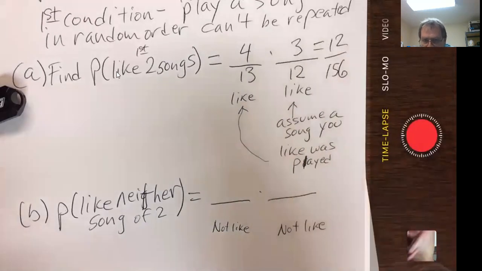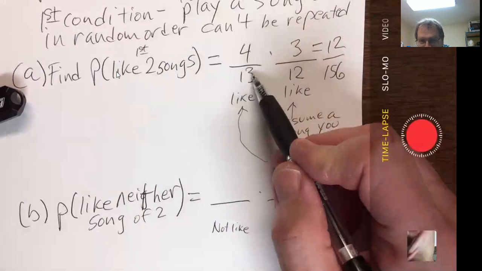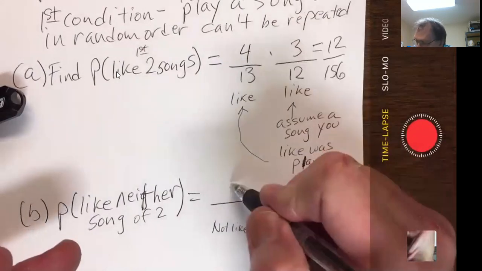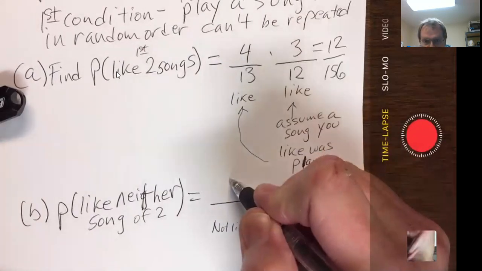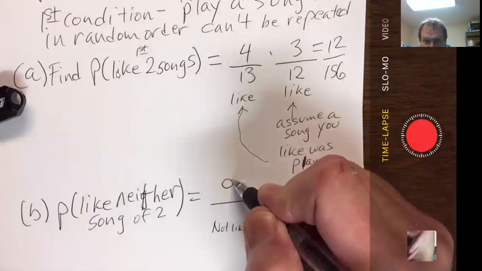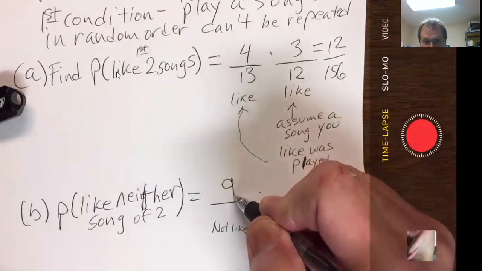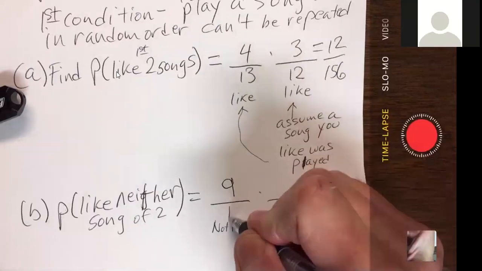Well, the complement idea comes in. If you like 4 out of 13, how many don't you like? You see it would be 9 out of 13?